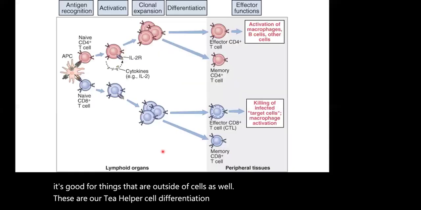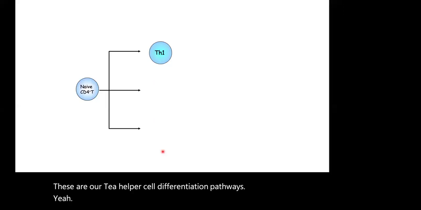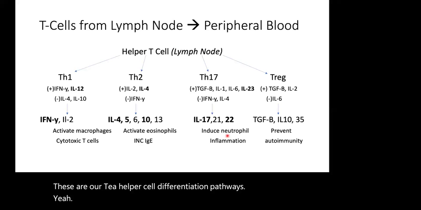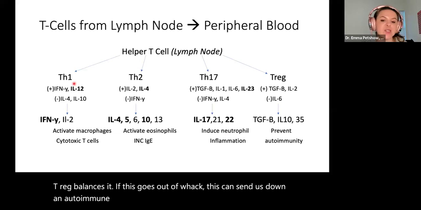It's the Th17 response that, if it gets dysregulated, is linked to autoimmunity, because Treg balances it. If this goes out of whack, this can send us down an autoimmune pathway, but so can Th1.